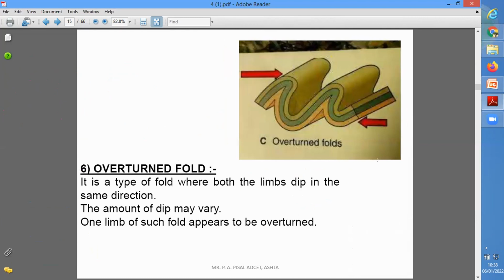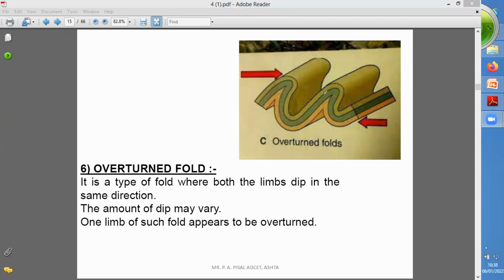Now next type of the fold is the overturn fold. Okay, overturn. Now what is the meaning of overturn fold? Now it is a type of fold where both the limbs dip in the same direction. Okay, same direction. आता या ठिकाणी जर त्याचा डीप जर बघितला तर तो एकाच डायरेक्शन कडे असतो. कसा? Just a minute, I will show you.